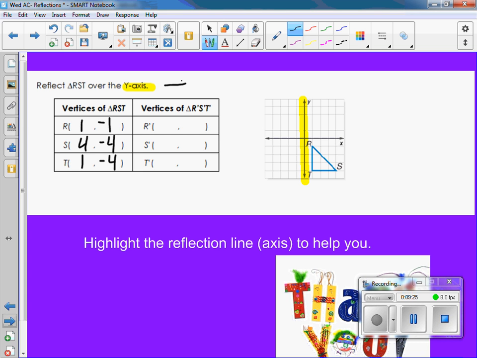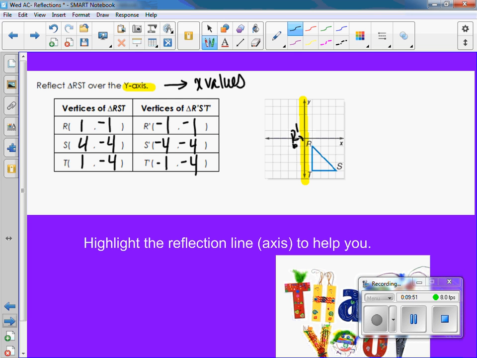Now we're reflecting it over the y, which changes our x values. So that's going to be negative 1, negative 4, negative 1, and these will not change. I'm going to go and verify that it works. R should be at negative 1, negative 1, so R prime is right there. And look, it's 1 away here and 1 away there.